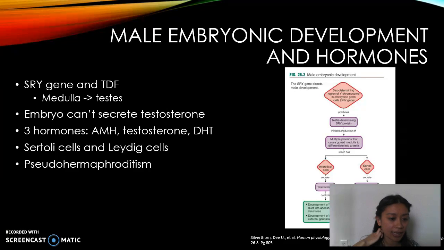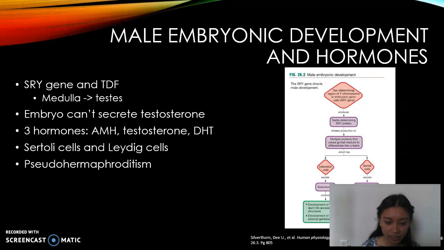So something that is important to note in male embryonic development is something called pseudohermaphroditism, and this is caused by the individual inheriting a defective gene for the 5-alpha reductase enzyme, which causes the conversion of testosterone to DHT.